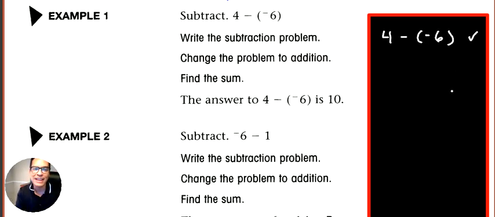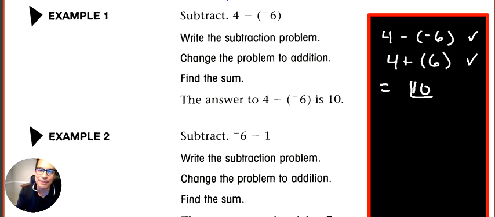Now, we change the problem to addition. So 4 plus the opposite of -6, which is 6. Now we have 4 plus 6. Now we find the sum, which equals 10. So the answer to 4 minus -6 is 10.